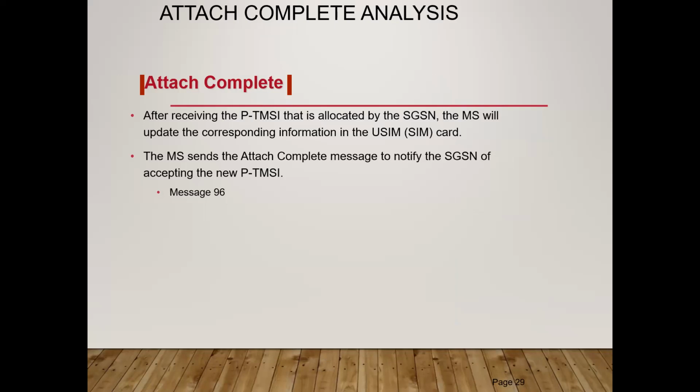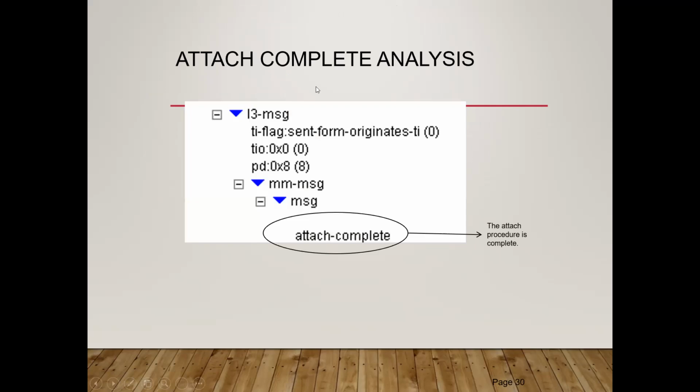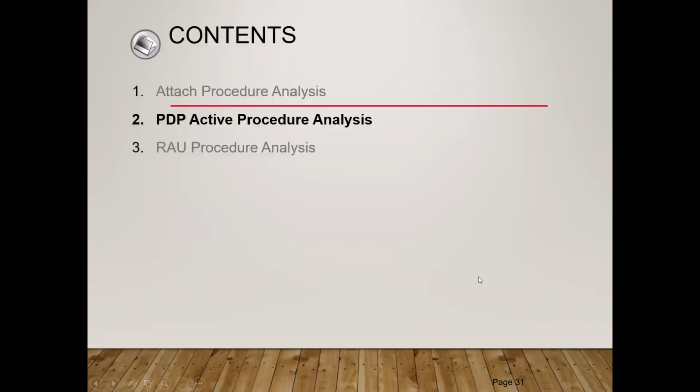So you have to ensure that you send an acknowledgement to the SGSN that okay, I have received your attach accept. So this is your attach complete analysis. You'll see the attach complete message. Okay, so this is what the analysis is.